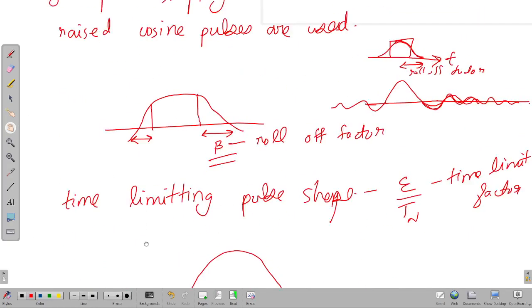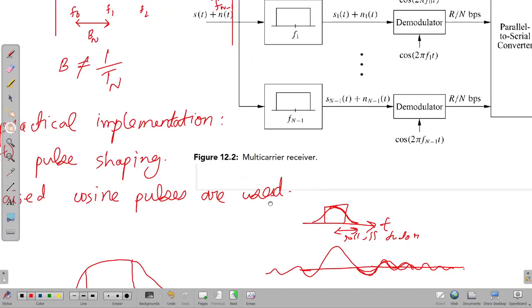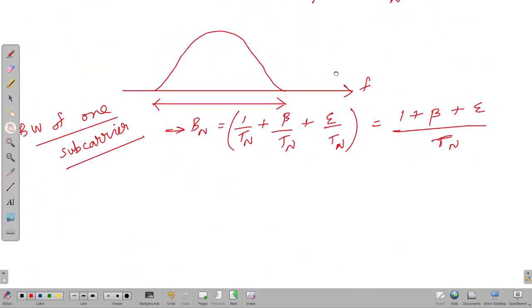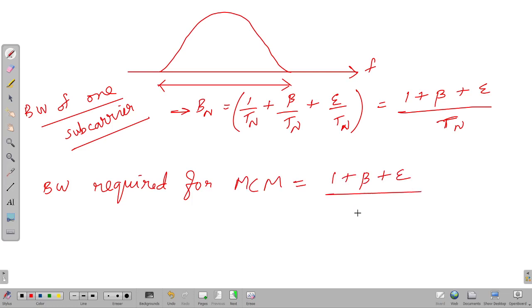So how many subcarriers do you have? You have n number of subcarriers. So the bandwidth required for multicarrier communication, multicarrier MCM, is going to be 1 plus beta plus epsilon divided by Tn, which is the bandwidth of one subcarrier, and like that you have n number of subcarriers.